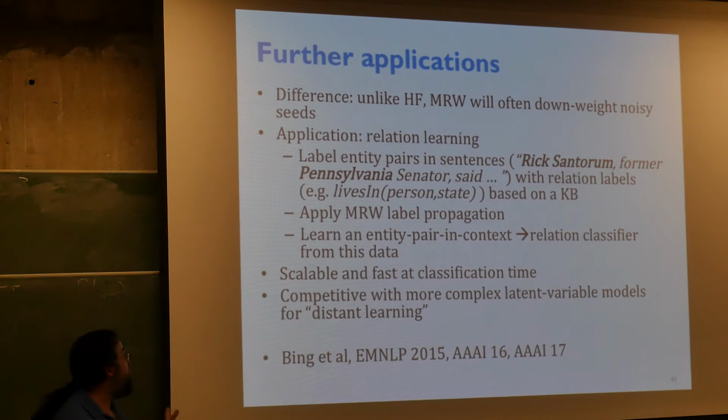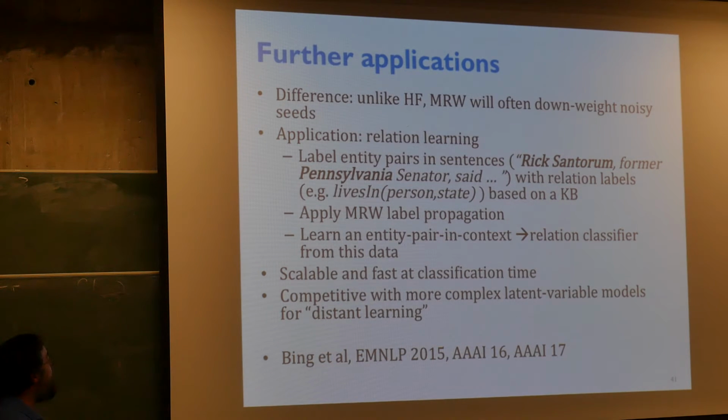We've actually used this in some later papers. There's a series of papers over the last couple of years done with Lidong Bing, one of my postdocs. The problem that Lidong and I were working on was similar to what we did in NELL.